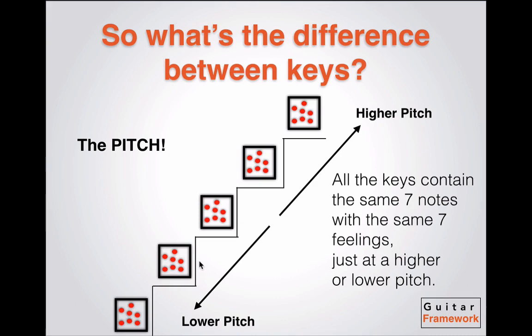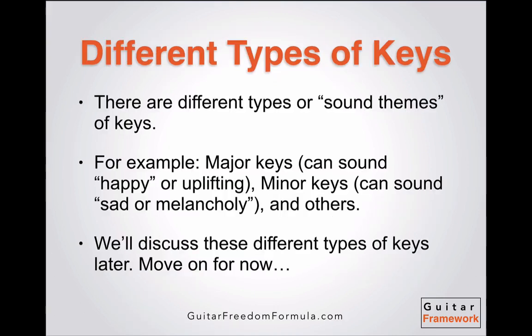All of the chord changes, all of the notes that are played are all going to feel exactly the same because the key contains the same 7 notes. The only difference is the entire song is just going to be at a lower pitch, and that will allow you, with a low vocal range, to hit all of the right notes.